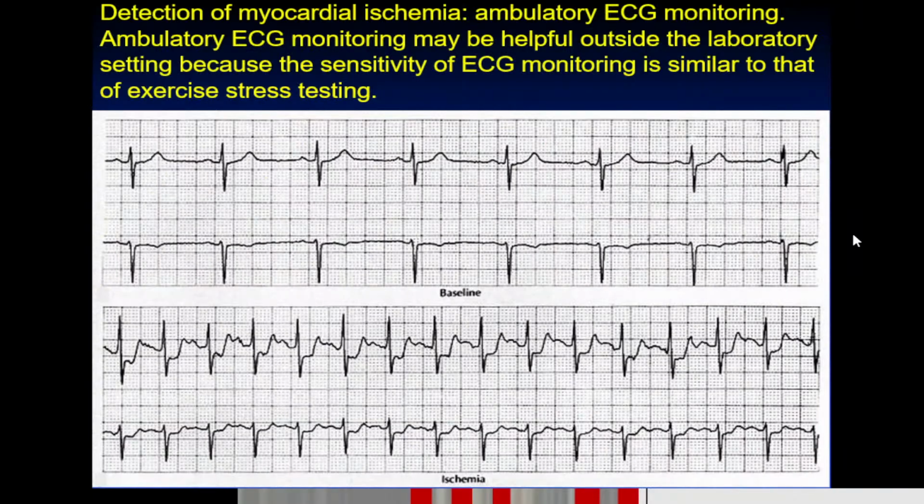You see here, how can we reveal the myocardial ischemia during the ambulatory ECG Holter monitoring? You see here, during trivial physical activity, the patient demonstrates a significant episode of ischemia, depression of the ST segment here.